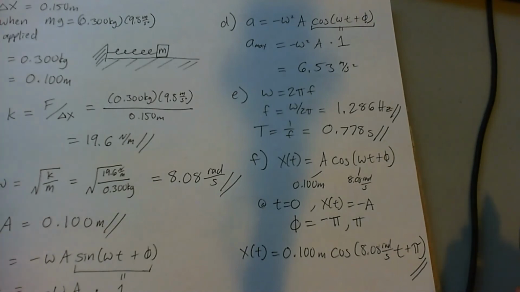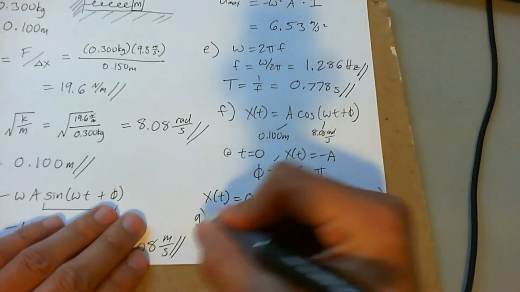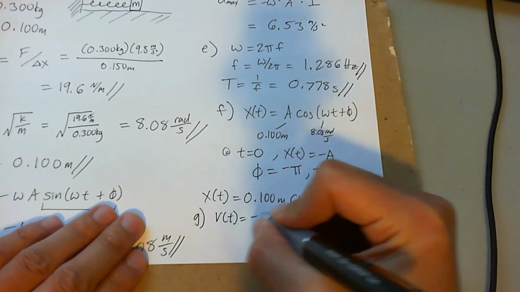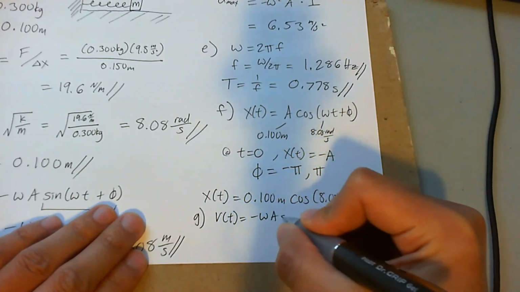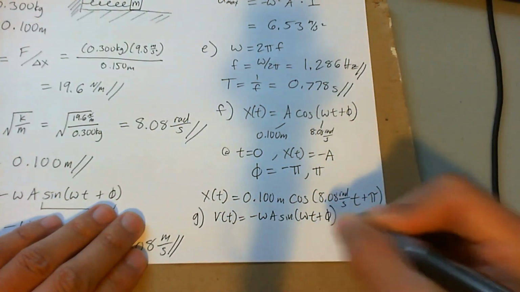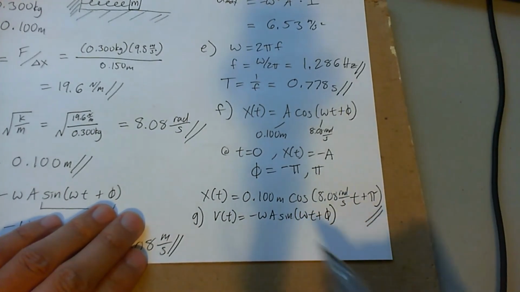And lastly, they want you to find the velocity at t equals 0.05 seconds. Trying to compress all of this into a little bit of space, we see that v of t is equal to negative omega A sine omega t plus phi. Now we know what phi is, we know what omega is, and we know what A is.